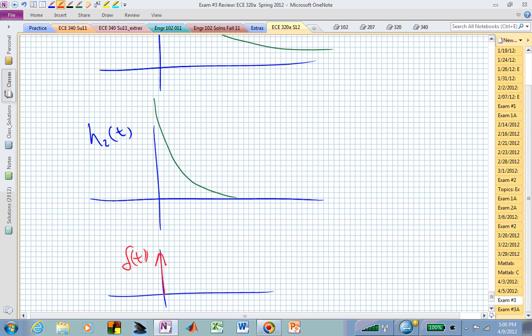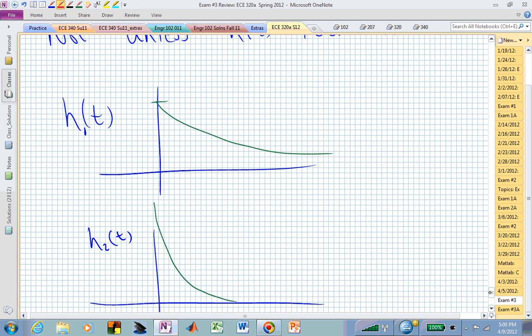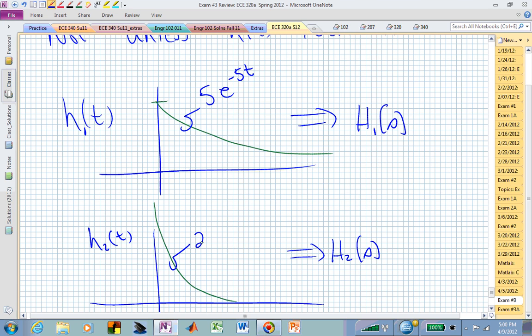Here's another way of looking at this. What is h sub 1 of s versus h sub 2 of s? Suppose that I said this was 5e to the minus 5t, and this was 20e to the minus 20t. Can you now find capital H1 and capital H2?